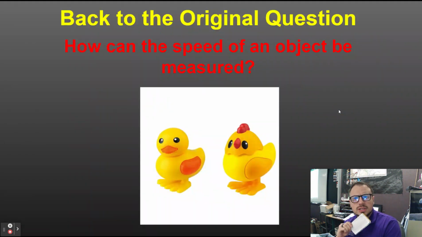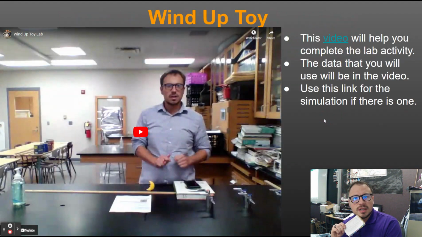Well, now let's answer this question. How can the speed of an object be measured? So we did this lab, and it's called the wind-up toy. So what we did was we took a wind-up toy, we wound it up, and we set it next to a meter stick, and we measured how far that object traveled, and we timed how long it took.